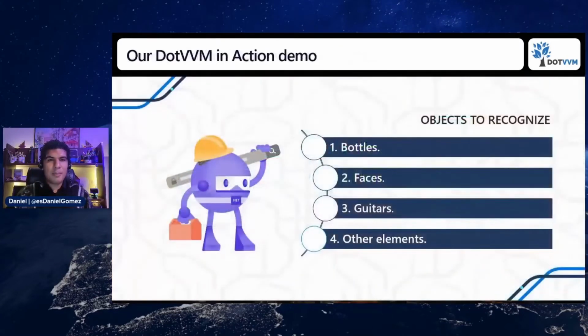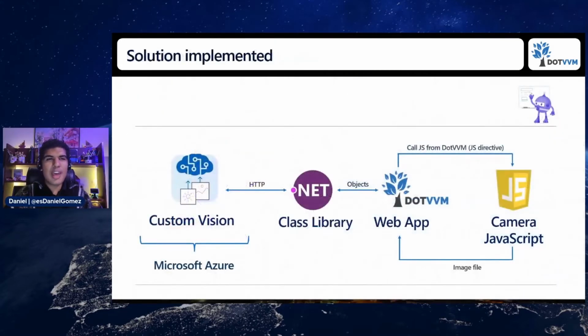So the example that we can see today is a web application with .vvm to recognize some objects. For example, in one image, recognize if there are bottles or faces or guitars, and other elements that we can see in images. To do that, we have this solution implemented.